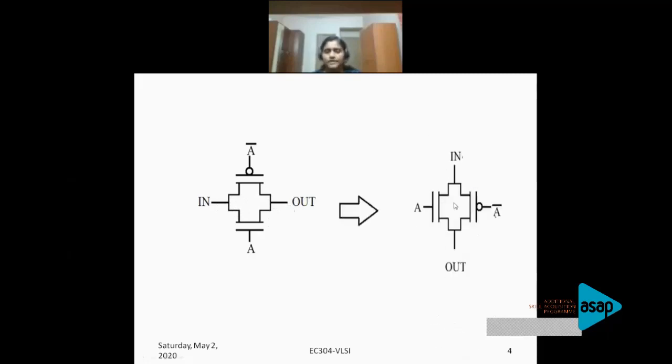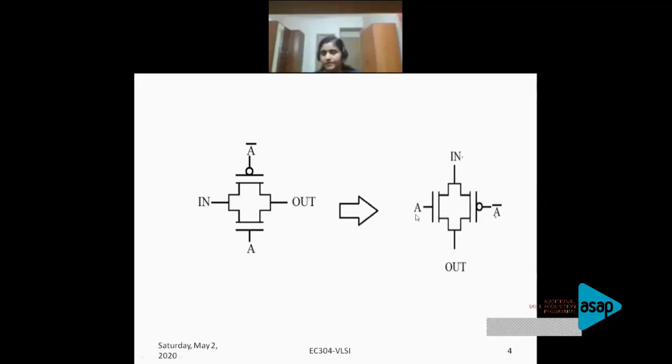More clearly, I've just rotated the diagram. This is one way of looking at it. You have an NMOS here and a PMOS here. Remember, wherever you have a bubble, that indicates a PMOS. That is the symbol of a PMOS. This is my input and this is my output. One thing to note is the gate signal.